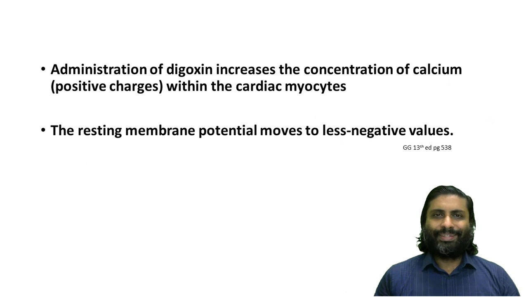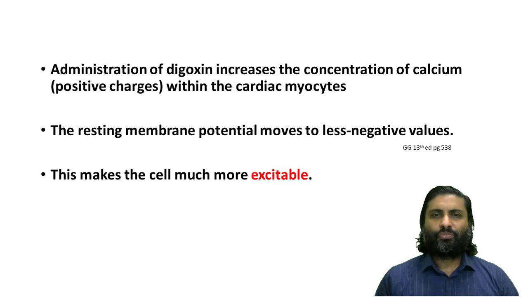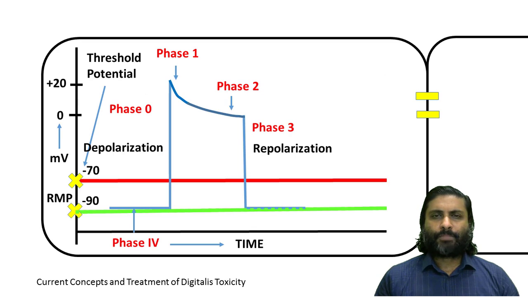In doing this, digoxin moves the resting membrane potential towards less negative values, or in other words, it makes the cardiac myocyte far more excitable. So if we were to look at the resting membrane potential here in this particular diagram, we can see that the administration of digoxin would raise the resting membrane potential, would make it less negative.